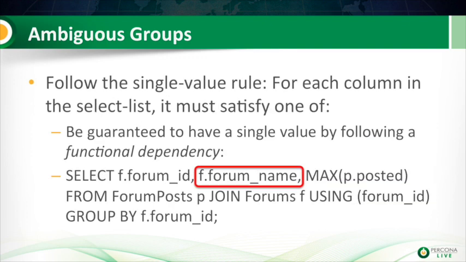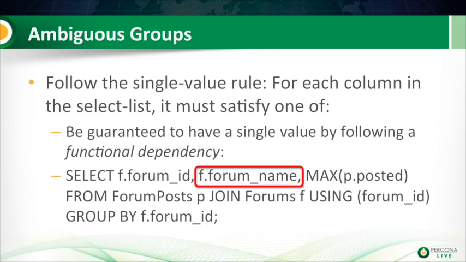Or if you can guarantee that there's only a single value in that column, you can return that as well. And here's an example. I'm doing a join here. Forum posts join to forums, the canonical list of different forums, and there's a forum ID and a forum name. If I'm grouping by the forum ID, then forum name is functionally dependent on the forum ID being the primary key of that forums table.